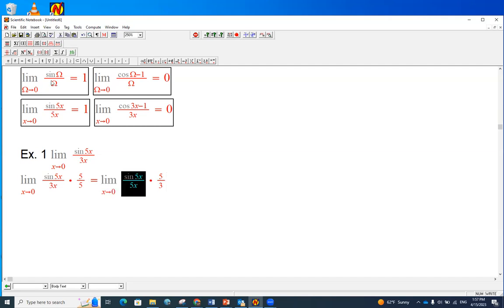This limit exists, and that constant stays the same. So we can find the limit separately, or we can bring the constant outside and just work on this limit. We have that property on limit laws, don't we? So this limit is equal to 1, and the final answer is just 5/3. So you're going to see a lot of similar manipulations needed just to apply these two properties.